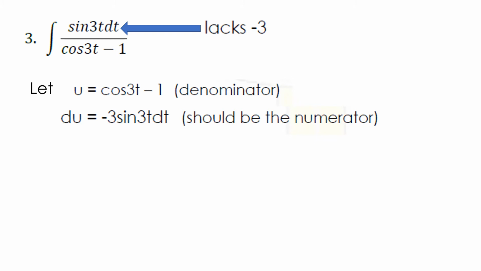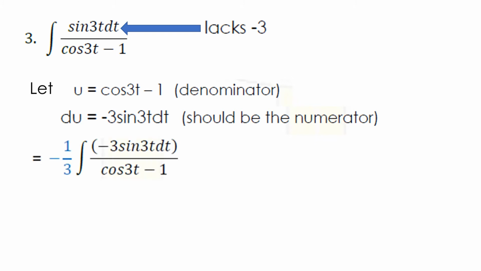So what shall we do? We will be introducing negative 3 into the numerator so that it will become negative 3 sine 3t dt. But the condition is, if we have introduced negative 3 into the numerator, we have to place the correcting factor, which is the reciprocal of negative 3, and that is negative 1/3.